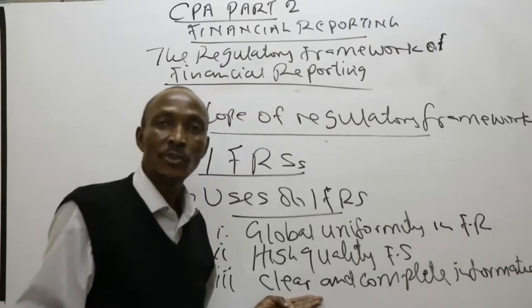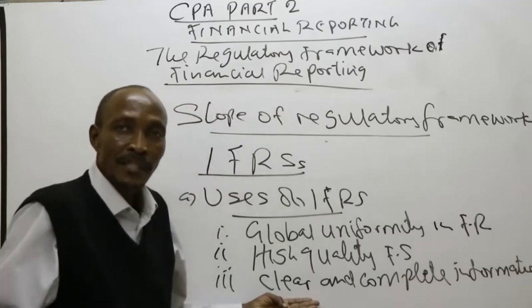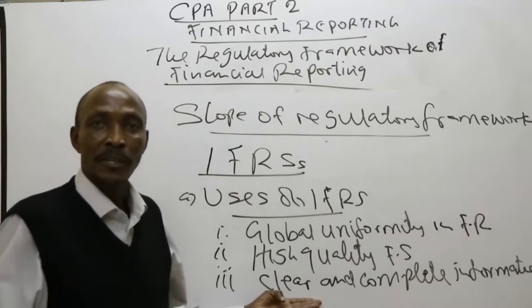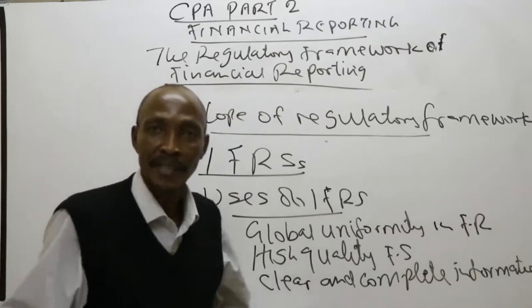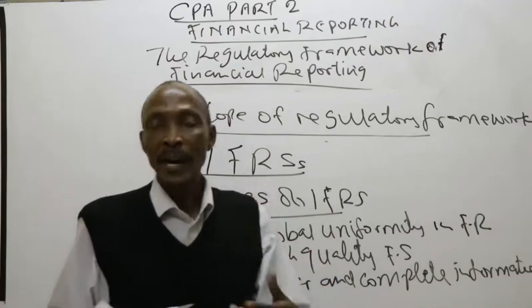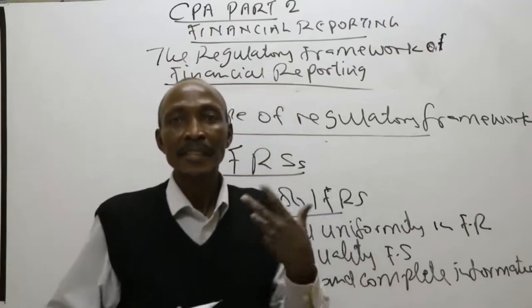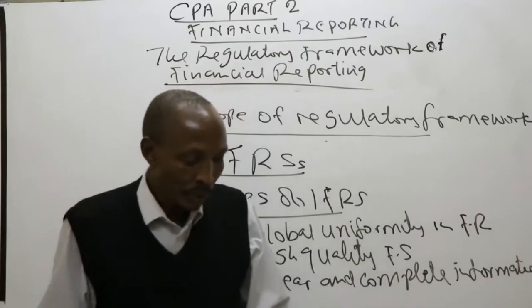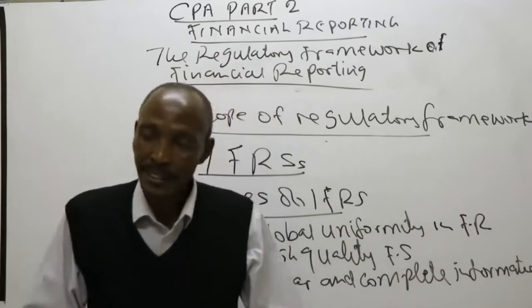So the standards also give us the language. They give us the words that we are expected to use in accounting for given assets, liabilities, incomes, expenses. So globally, we are all able to read the financial statements and understand them exactly the same way. So that aspect of clarity is very important.